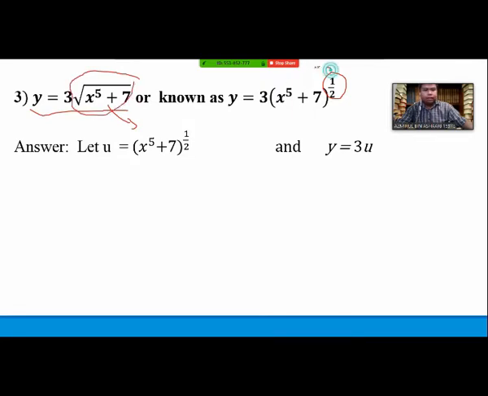Or you can say that u equal to x power of 5 plus 7. So what will happen, since this is u, this y will become y equal to 3u.